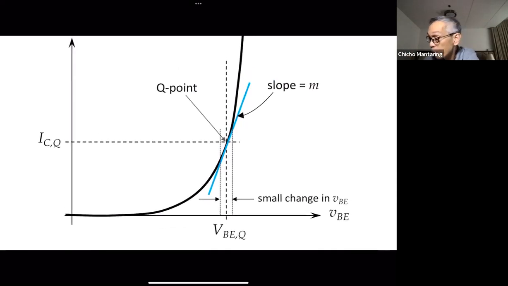So this is my Q point. If I have a change in VBE, around the Q point, I have positive and negative incursions of my input signal that will cause my VBE to change. My output will swing from this point to this point. So this is going to be my output swing.